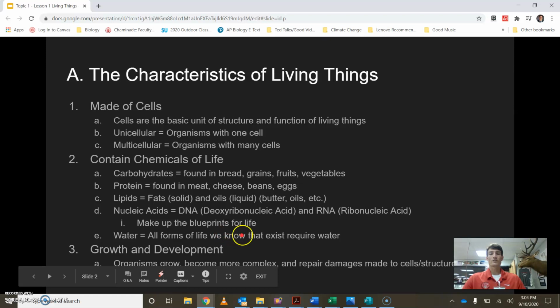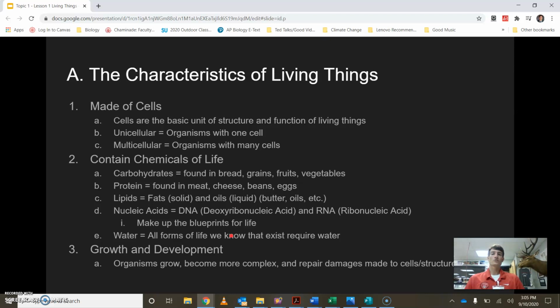The third characteristic of living things is that they need to grow and develop. Even a single-celled organism, such as a bacterium, is going to repair organelles on the inside of its cell, and it's going to make other changes. In the same way, bigger, more complex organisms might need to make repairs or to grow or to duplicate cells in order to survive.